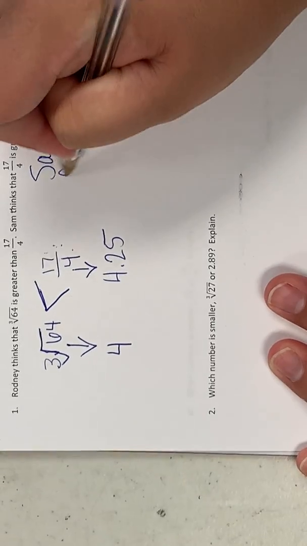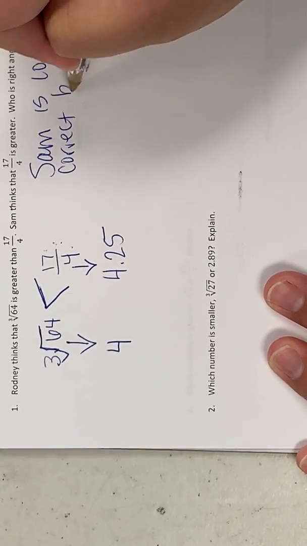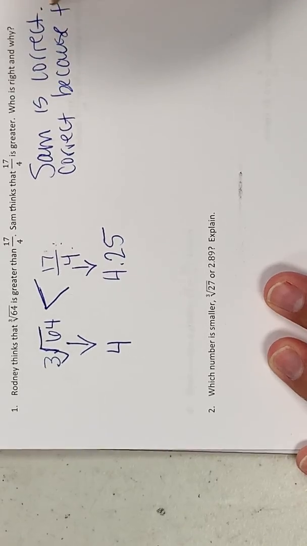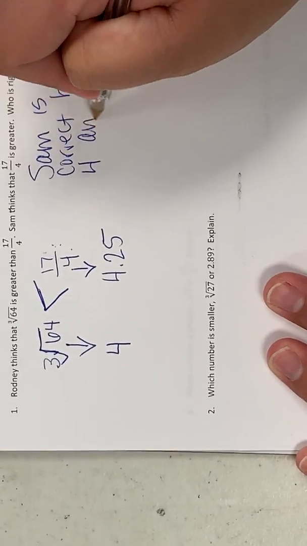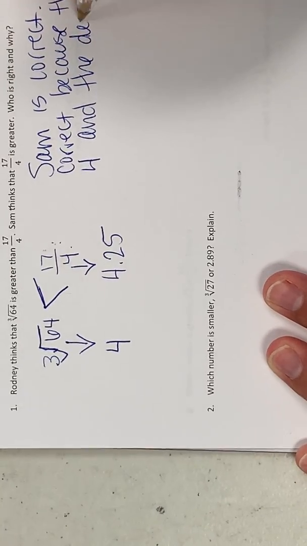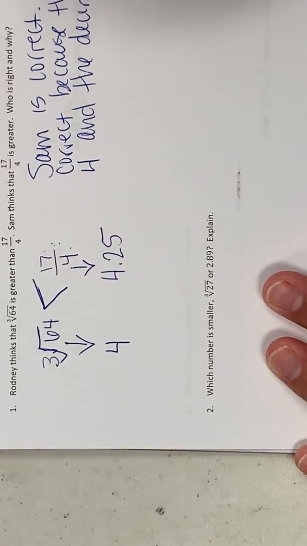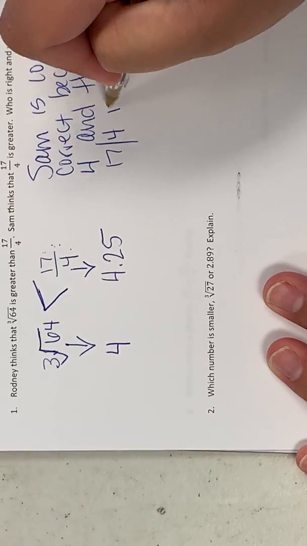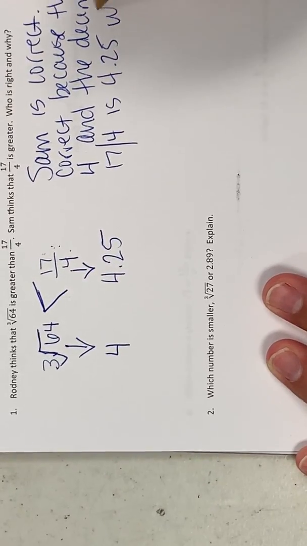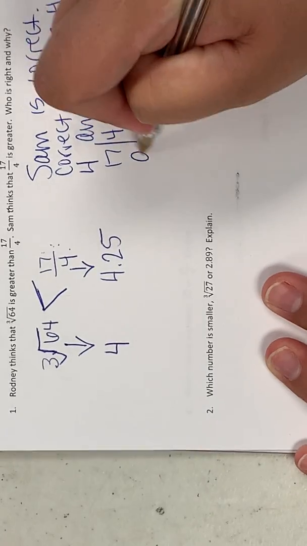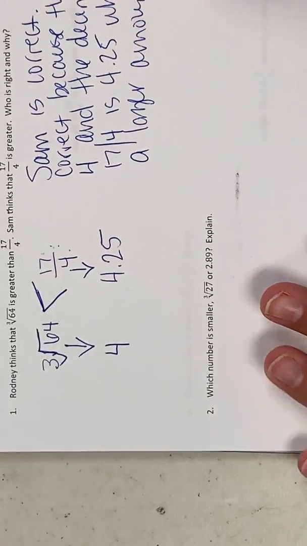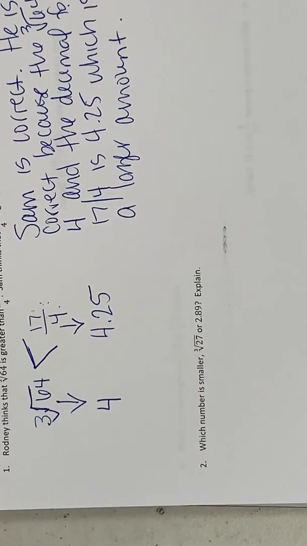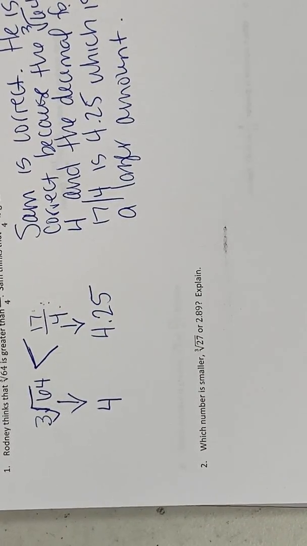He is correct because the cube root of 64 is 4 and the decimal for 17/4 is 4.25, which is a larger amount. How many sentences did I write? 2. And I answered the question. It should always be between 2 to 3 sentences and you get it done.